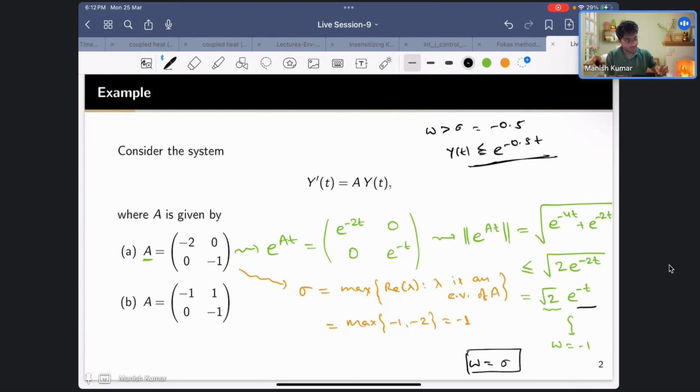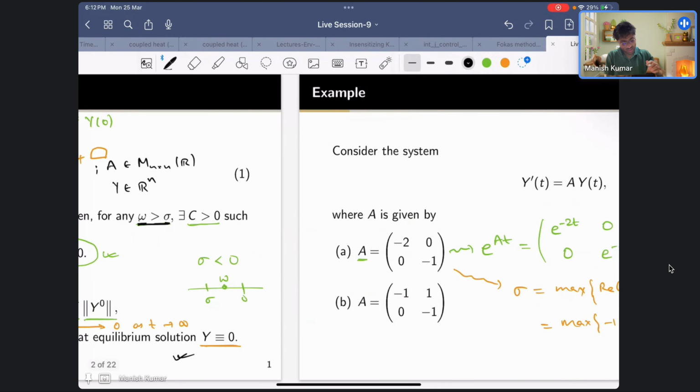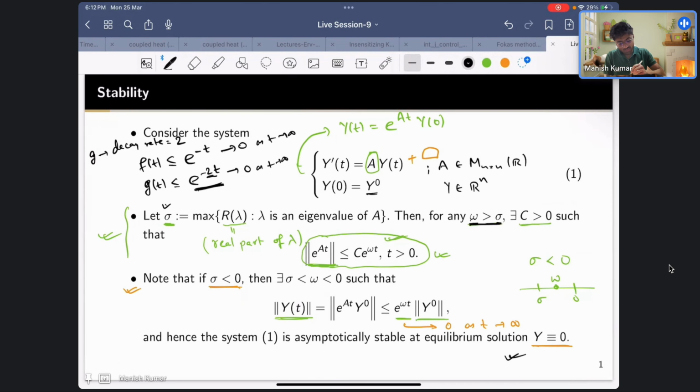When you are saying this, you can dominate this by e to the minus 0.5t. You can always do that, but this is the best one. This is anyway better than this decay. So that is why this maximum value is sometimes called the decay rate: if you take any omega greater than this, then you will achieve this kind of estimate. So the decay rate is greater than this sigma, you can achieve that decay.